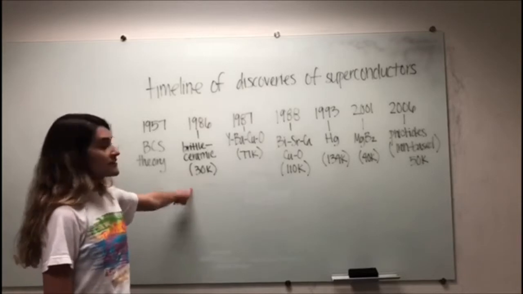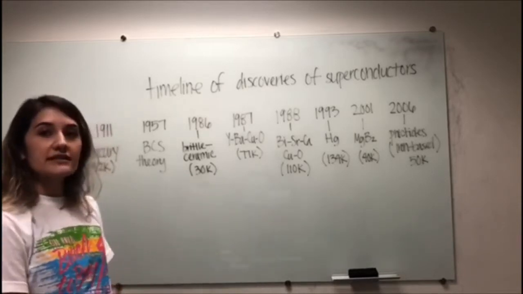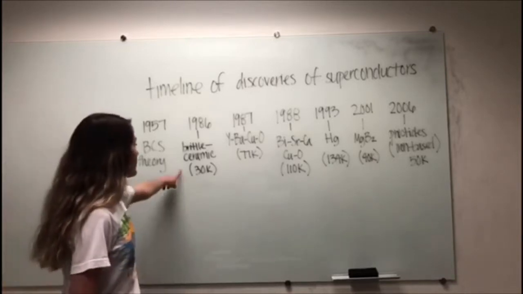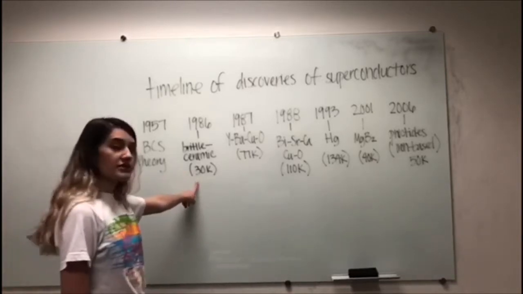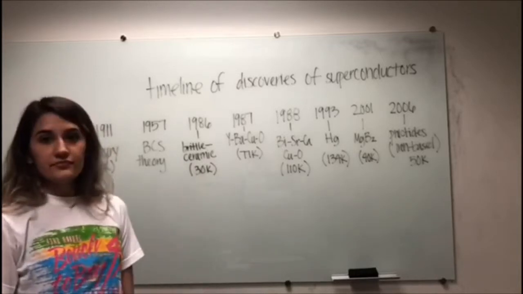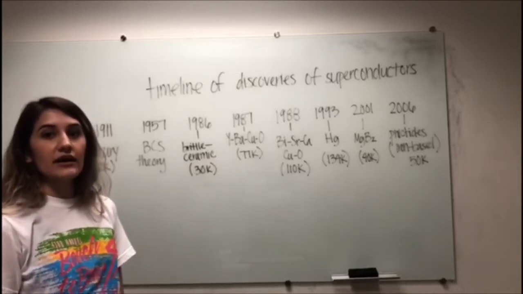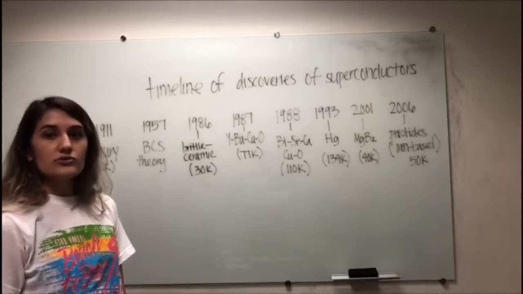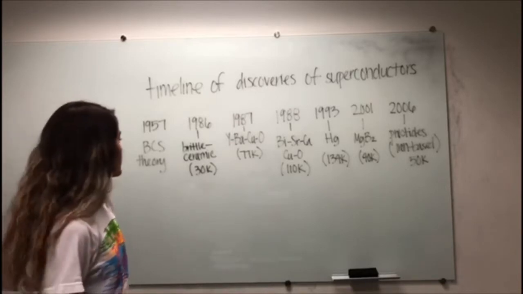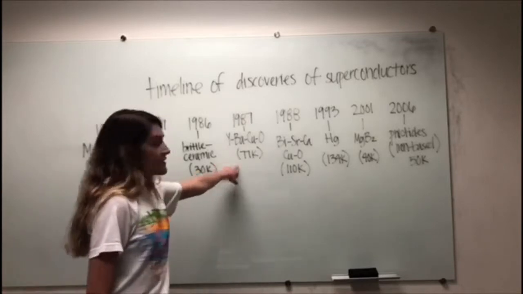By 1986 is when they discovered the high temperature superconducting materials of brittle ceramic, whose critical temperature is 30 Kelvin. And then by 1987, the discovery of the YBaCuO superconductor, its critical temperature is 77 K.